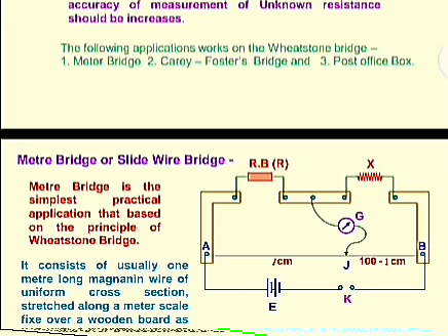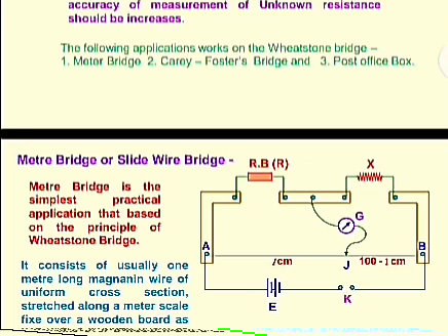Dear students, the same arrangement of the four resistances is in this meter bridge experiment also. Between A and C, a battery is connected, and between B and D, a galvanometer is connected. There are two gaps in the copper strips.